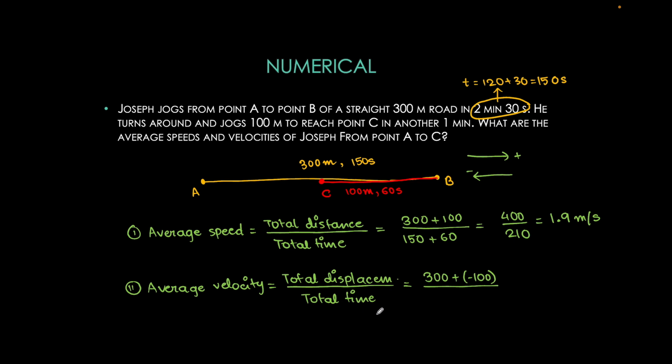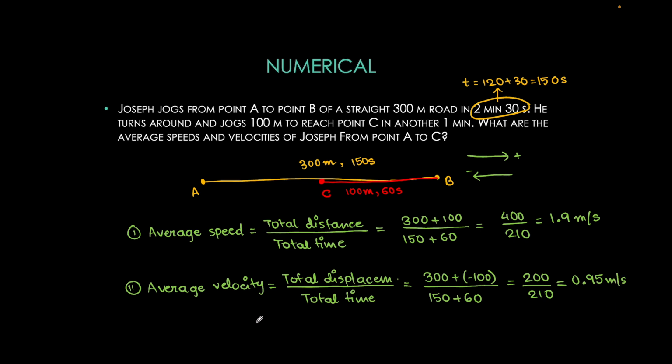Time is a positive quantity, because time always moves forward, right? So the total time will be nothing but 150 plus 60. So it will be what? 200 divided by 210, right? Which is equal to 0.95 meter per second.